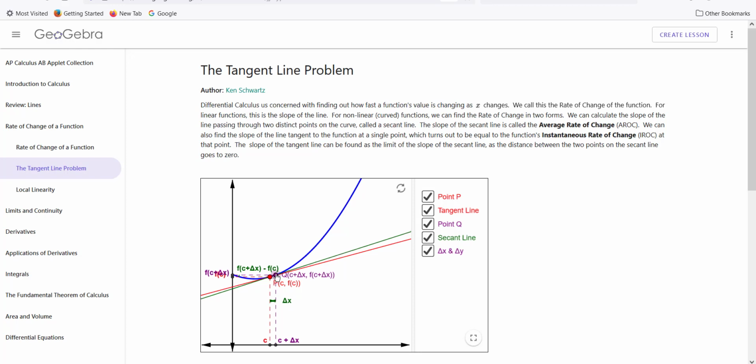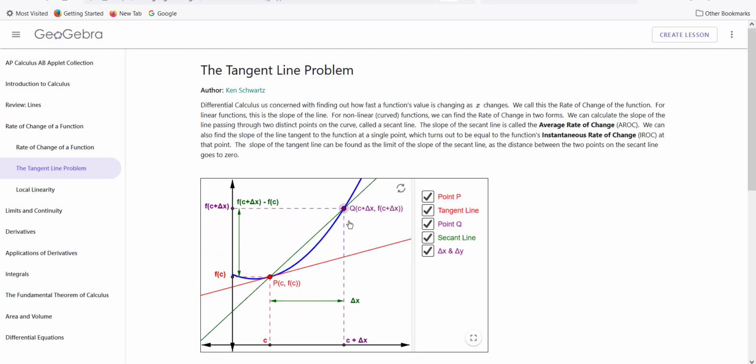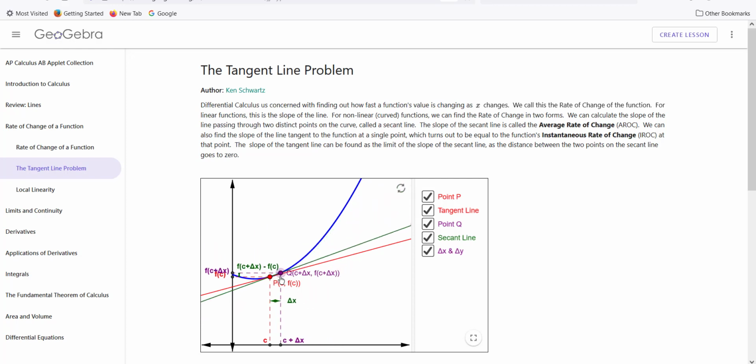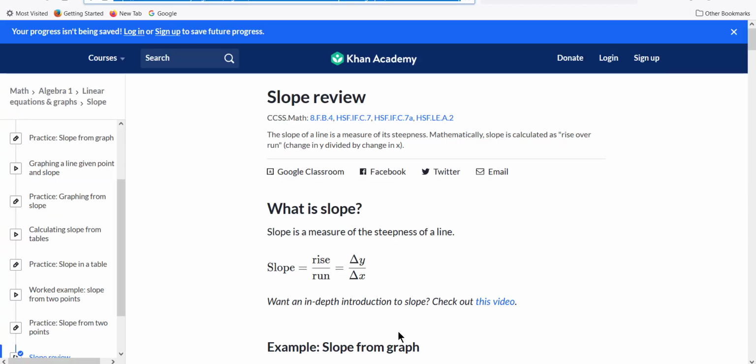So think of these 2 points as getting as close as you can possibly make them, and then eventually it becomes the tangent line. So I want you to think about a secant line as 2 points, but when you close that in and get those 2 points as close as you possibly can, then it just becomes a tangent line. That's a nice GeoGebra app to help you see that.